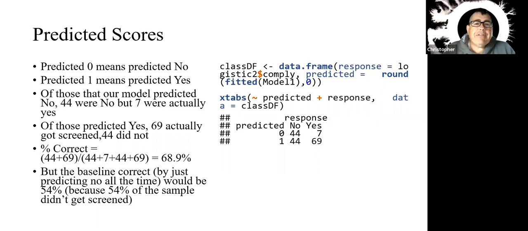So when we're talking about these predicted scores and how many we got right, we always want to compare that to the baseline, because that baseline will make a big difference in terms of how we interpret this. We were better by almost 15% here just by knowing whether they had a physician's recommendation. So that's a useful statistic to look at, and helps to give a little better context in terms of how good the prediction is.